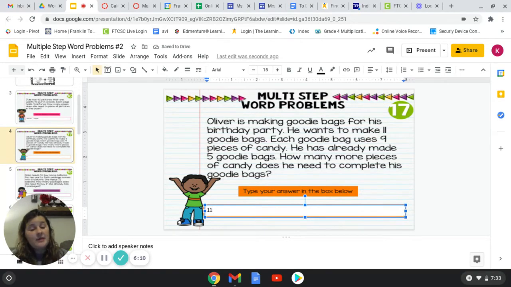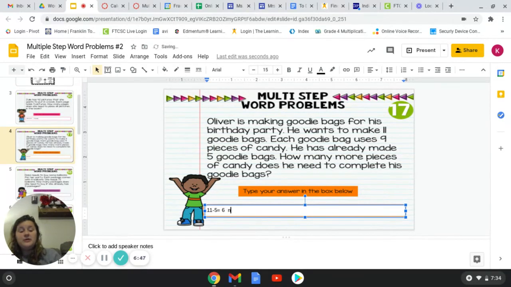But it's telling me that he's already made some. So I'm going to subtract the number that he's already made. And he's already made 5 of them. So when I solve that problem, 11 minus 5, I know that he needs 7. Actually, just kidding. He needs 6. It shows you that even teachers make mistakes sometimes. He needs 6 more goodie bags.